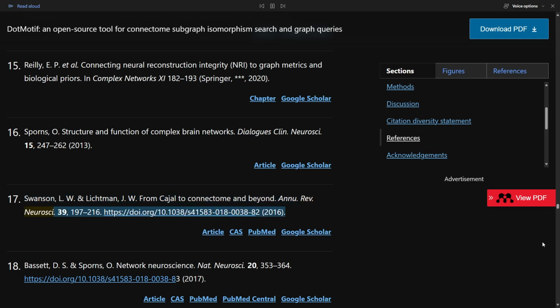Annu. Rev. Neurosci. 39, 197 to 216, 2016. Bassett D. S. and Sporns O. Network Neuroscience. Nat. Neurosci. 20, 353 to 364, 2017.